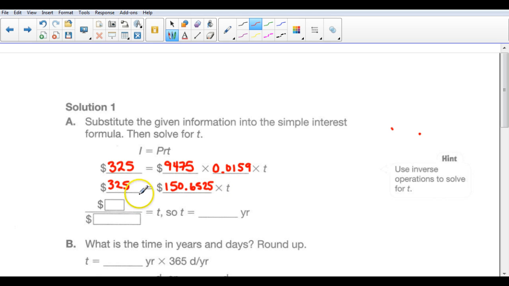Okay? So now we want to get t by itself. Well, we need to get rid of this 150.6525 that's attached to it, so we divide by it. So this is just 325 divided by 150.6525.